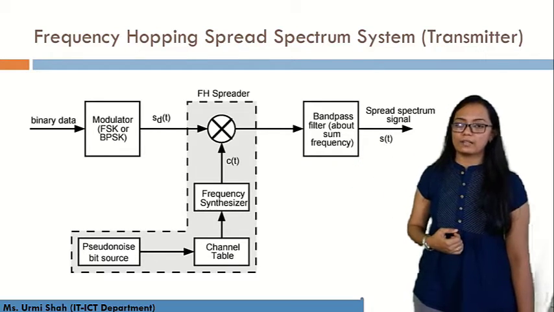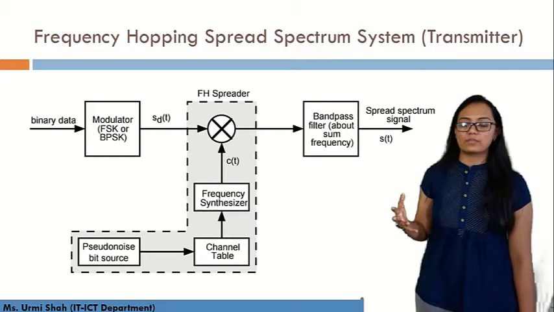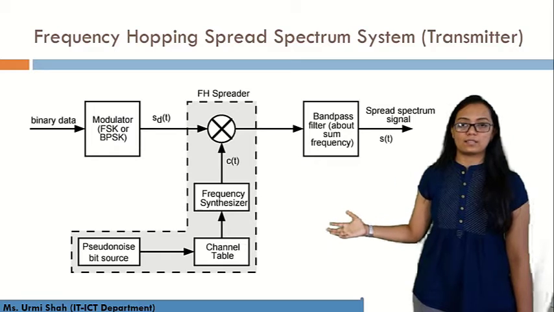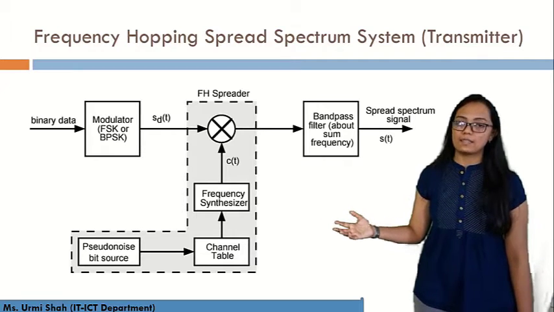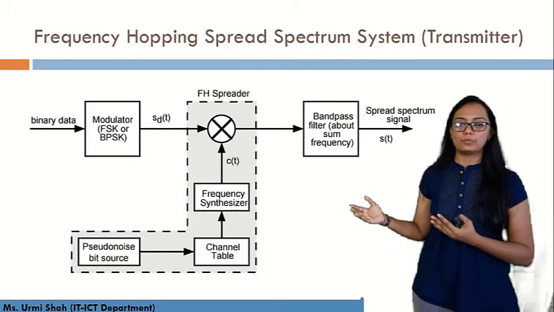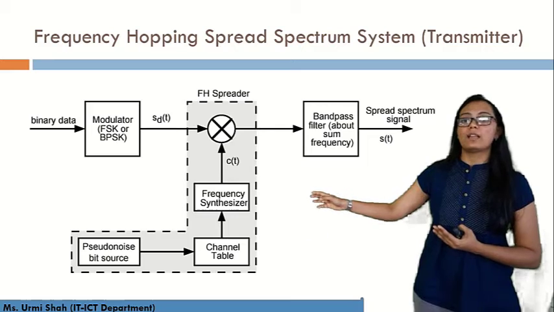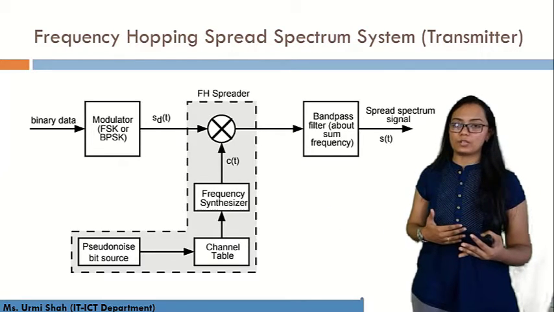In the FH spreader, the frequency hopping spreader sequence is mixed with the signal coming from the frequency synthesizer. In the frequency synthesizer, we have input from the pseudo noise bit source, which has a pseudo random generator.